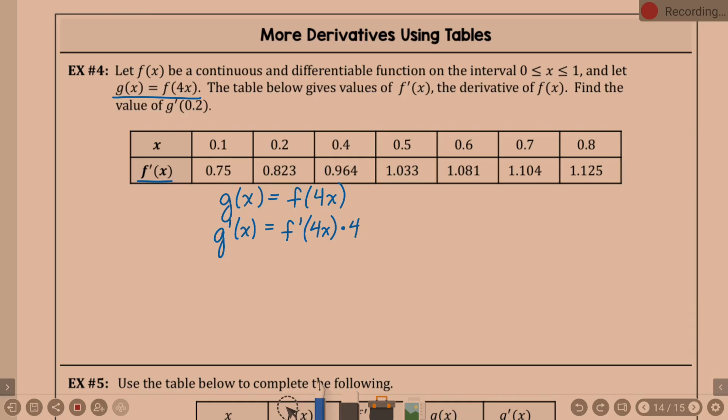So to do g prime of 2/10, it's going to be f prime of 4 times 2/10, and then times that extra 4. I'm going to move that other 4 out front. So this becomes f prime of 0.8, right? Yep. So 4 times f prime of 0.8.